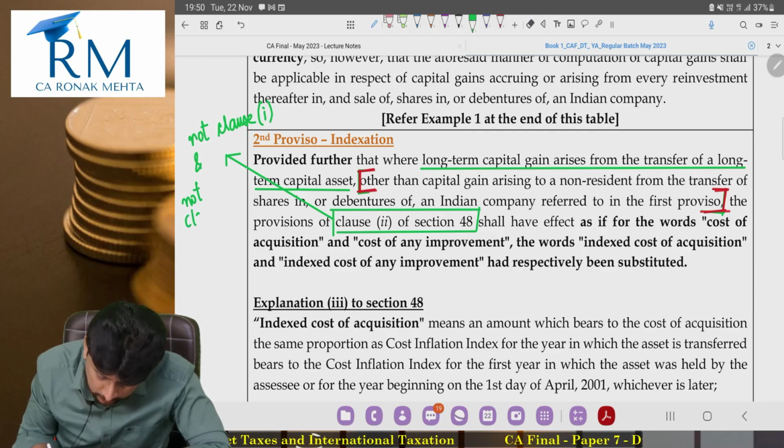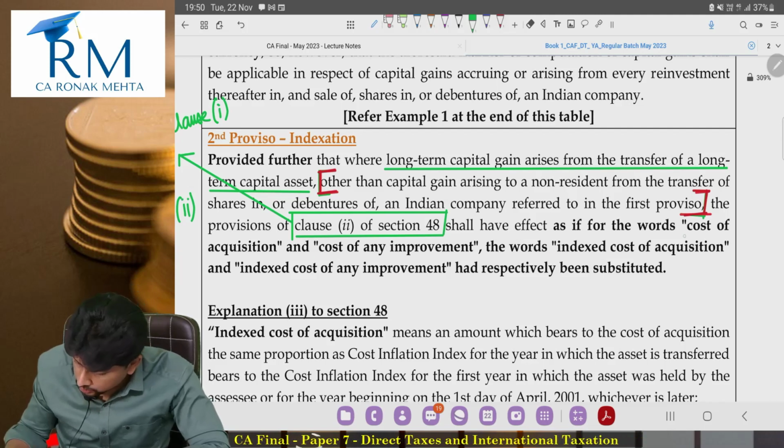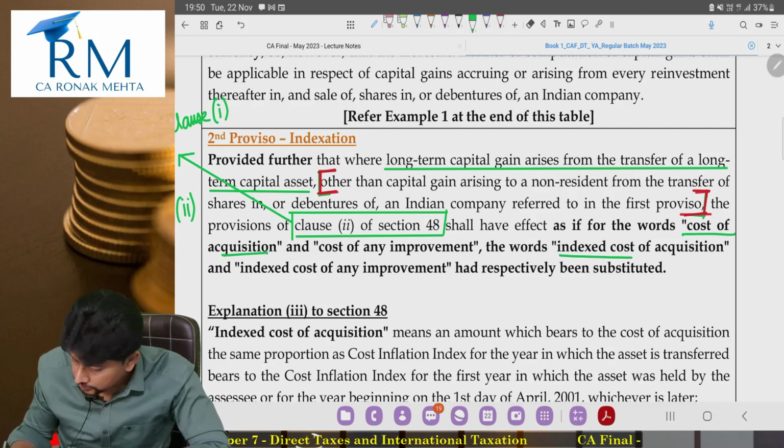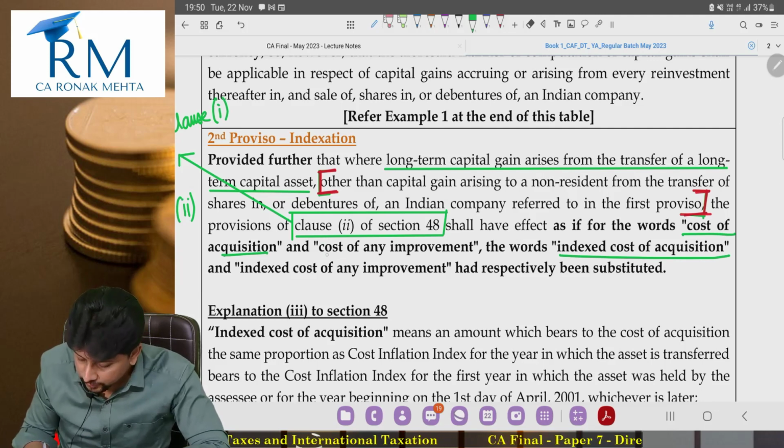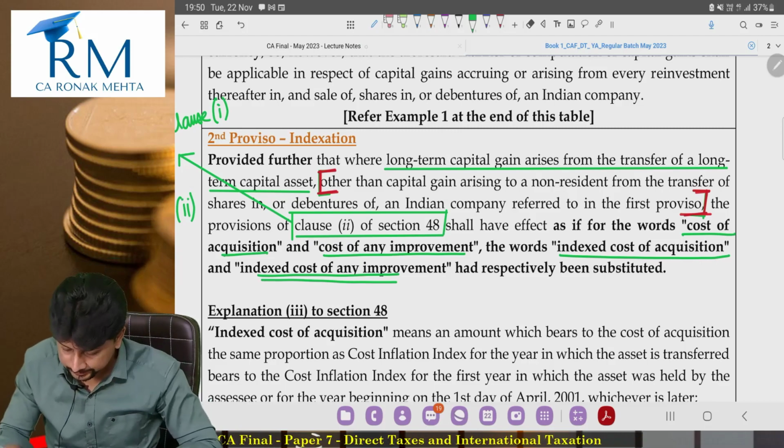The provisions of clause 2 will apply. Now guys, what is clause 2? As if for the words cost of acquisition, index cost of acquisition, and as if for the words cost of improvement, index cost of improvement respectively had been substituted.